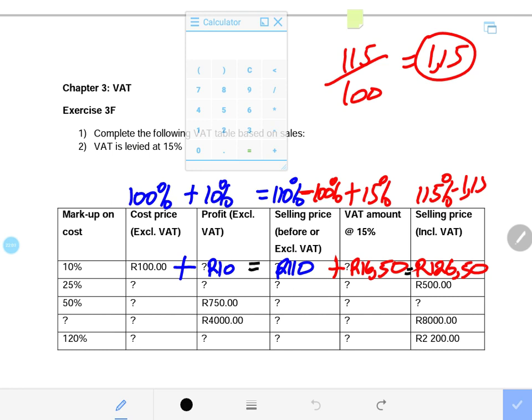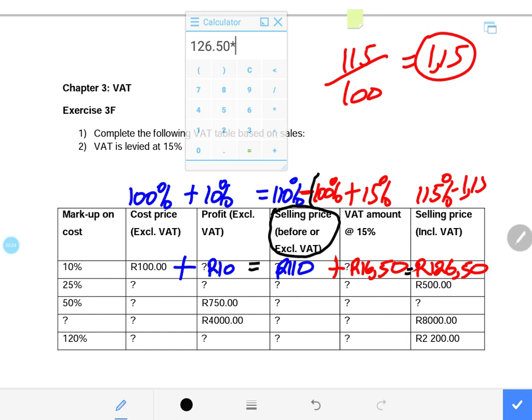Now let us do that, meaning it will be 126.50 times by, what are we looking for? We are looking for the selling price before VAT was included. And I said before you add a percentage, the amount is 100%. So now we are looking for the amount which is 100%.